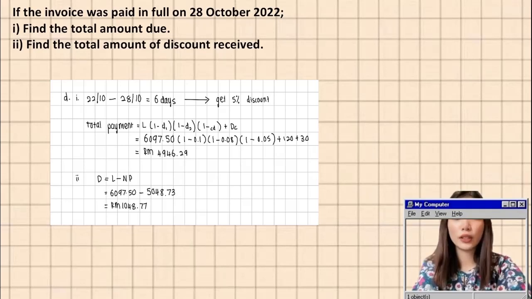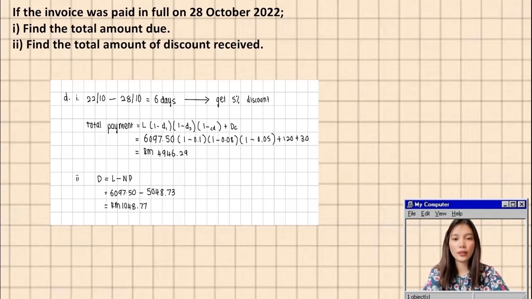The formula to calculate total amount due is total payment equals L open bracket 1 minus D1 close bracket open bracket 1 minus D2 close bracket open bracket 1 minus CD close bracket plus DC. 6097.50 open bracket 1 minus 0.1 close bracket open bracket 1 minus 0.08 close bracket open bracket 1 minus 0.05 close bracket plus 120 plus 30.